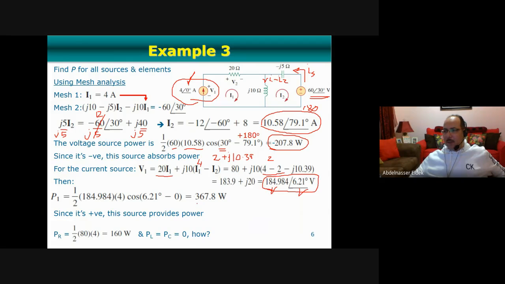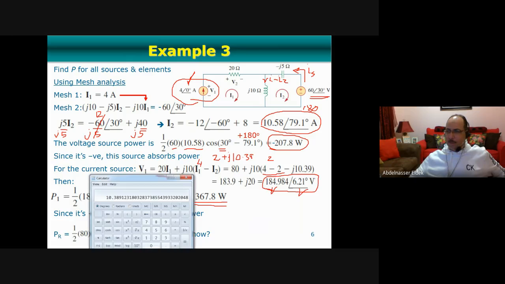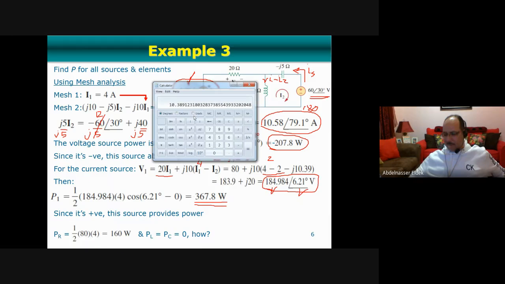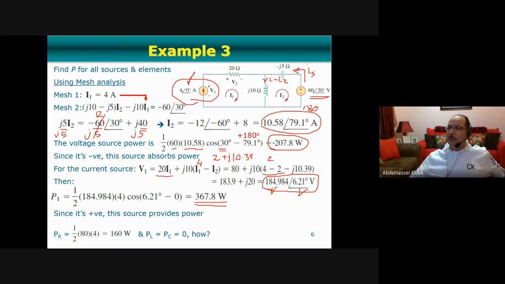So you can calculate this: 0.5 times 184.984 times 4 times cosine 6.21 equals 367.8.